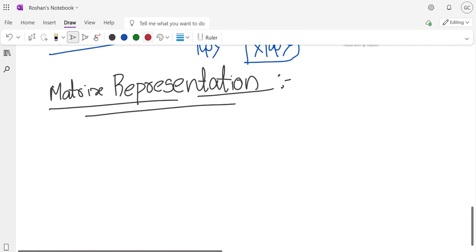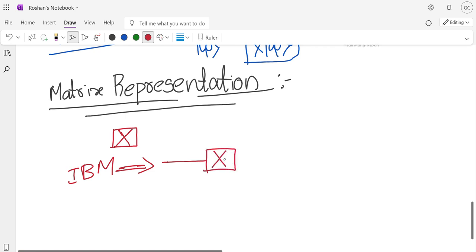Now, how will we represent this in matrix form? So, this is our X gate. This is how you will represent your X gate. If you are working on any simulator, let's say IBM Qiskit simulator, the X gate will be represented this way.